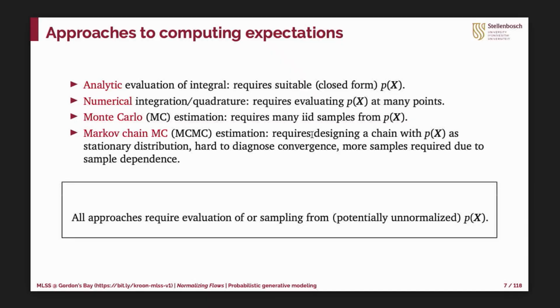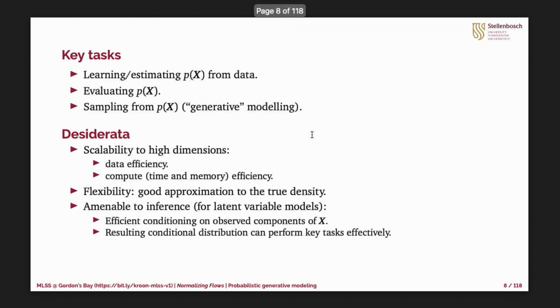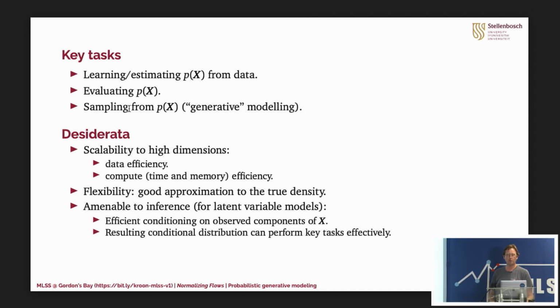Maybe we'll get 7, maybe we'll get 0.3, whatever the case may be, but it's not necessarily going to be 1. We can always take any function like that that's going to integrate to a fixed value and renormalize it to make it a density. Okay, so that fact is going to be relevant later on, but we always need to either compute p of x or sample from p of x.